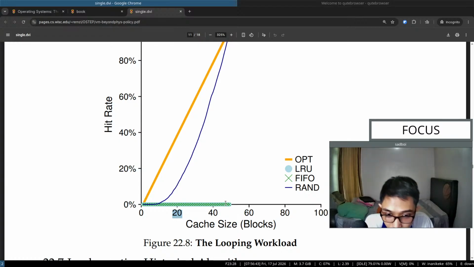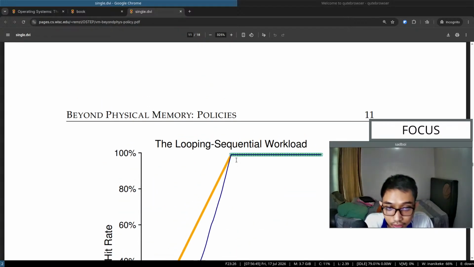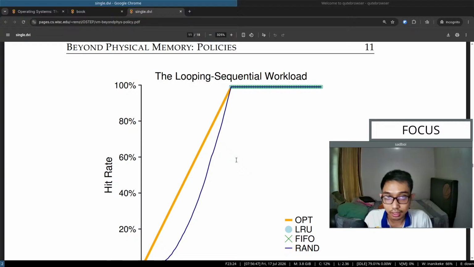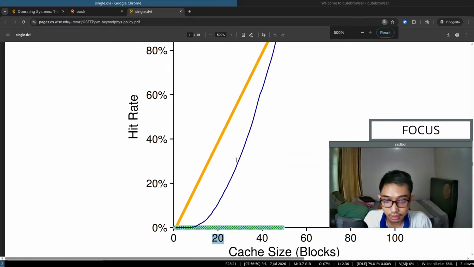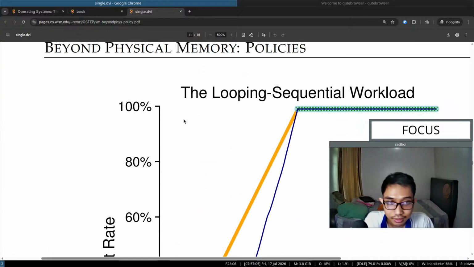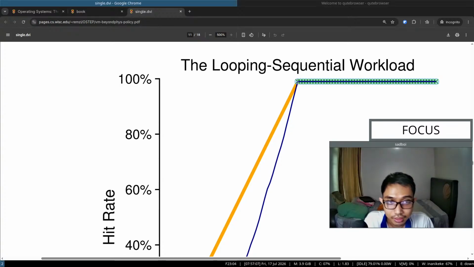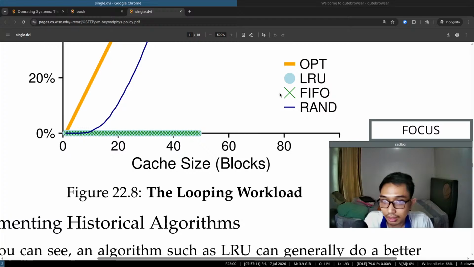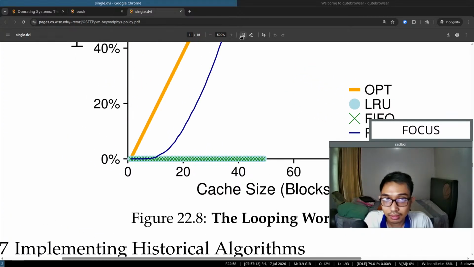Oh, wait a minute. Okay. Yeah, I guess I can see the light blue here. Okay, it is being covered by the green X here. Okay, alright then.